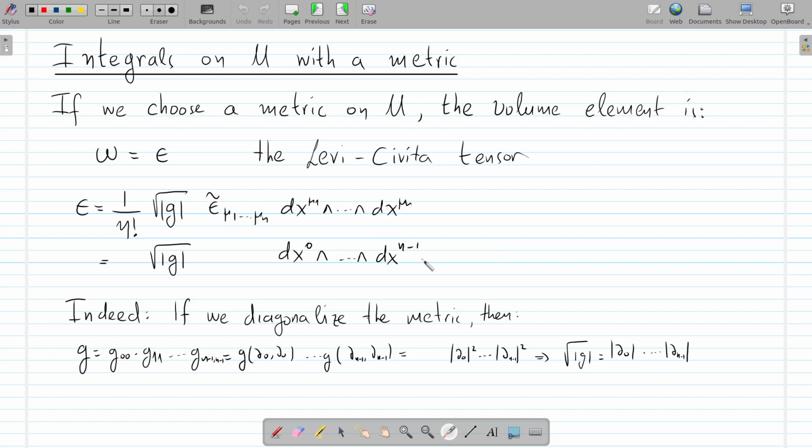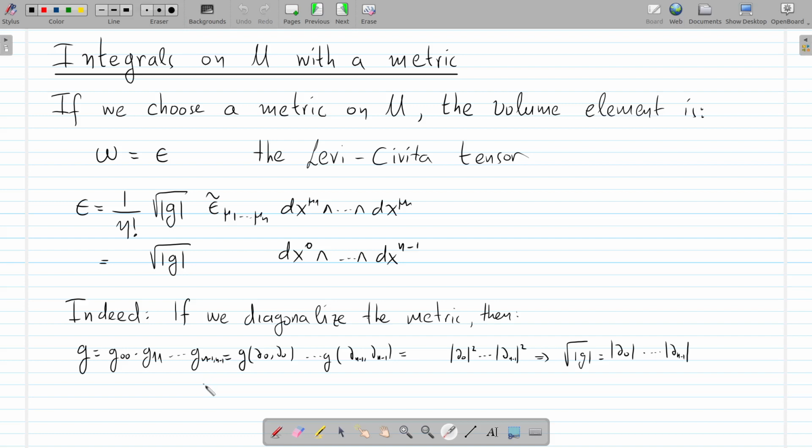So we choose now a basis in the manifold. This will not necessarily be a coordinate basis, but let's write it this way. It doesn't matter for the purpose of explaining this point. So when the metric is diagonalized, then its determinant is simply the product of its eigenvalues.